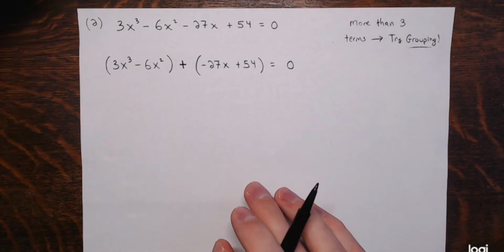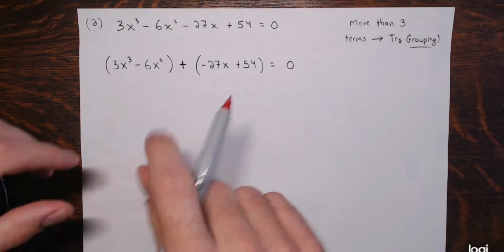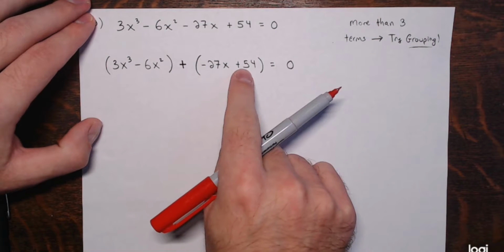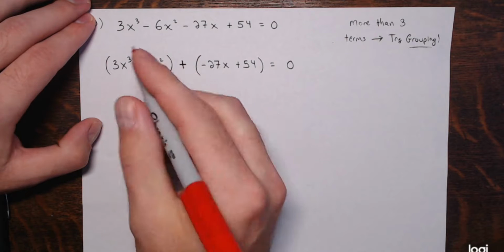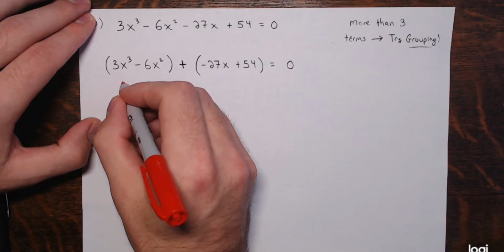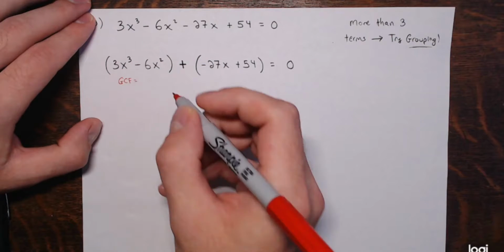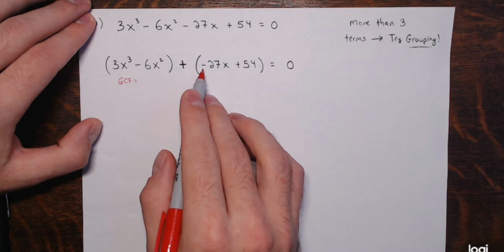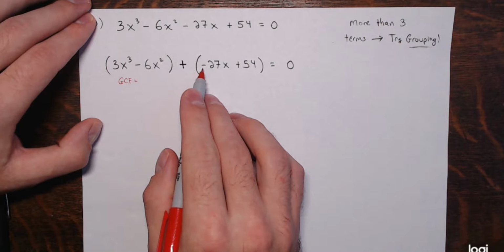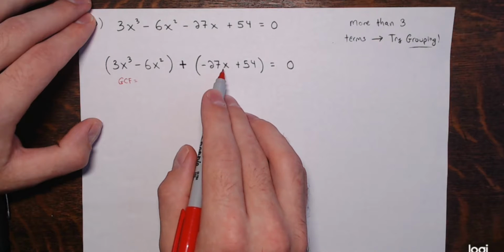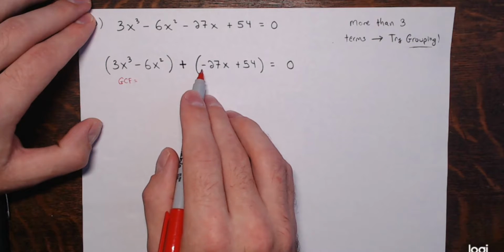Then factoring by grouping. You break it into the 2 groups, and then you factor each group separately first by pulling out the greatest common factor of each group. The greatest or the opposite of the greatest common factor, we'll see that here. When the lead coefficient is negative, like it is in this second group with the negative 27x, pull out the opposite of the GCF.